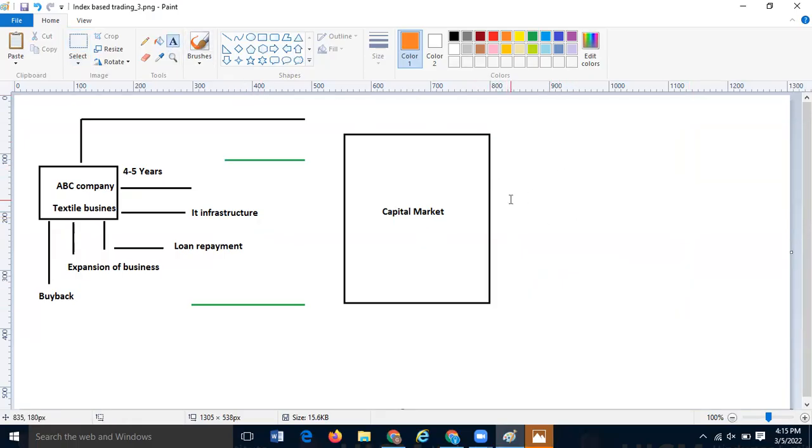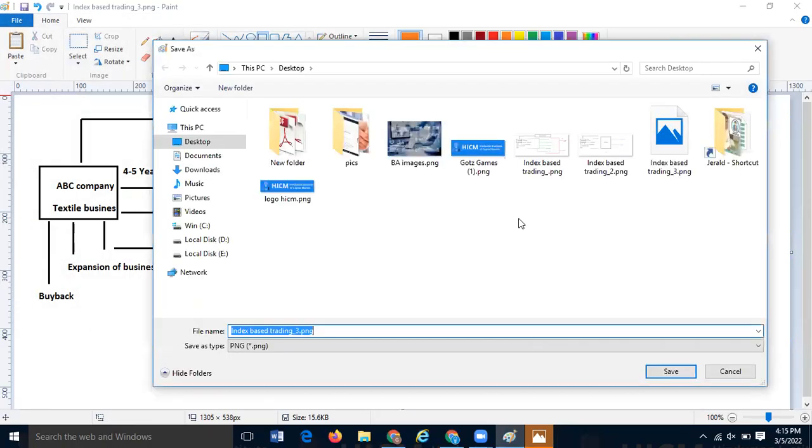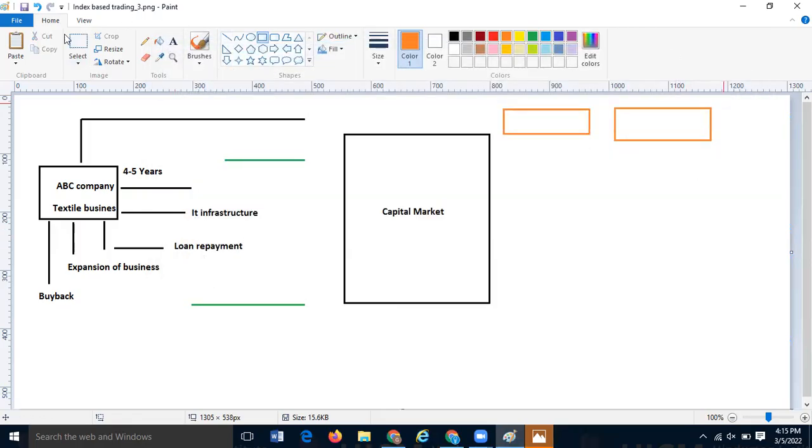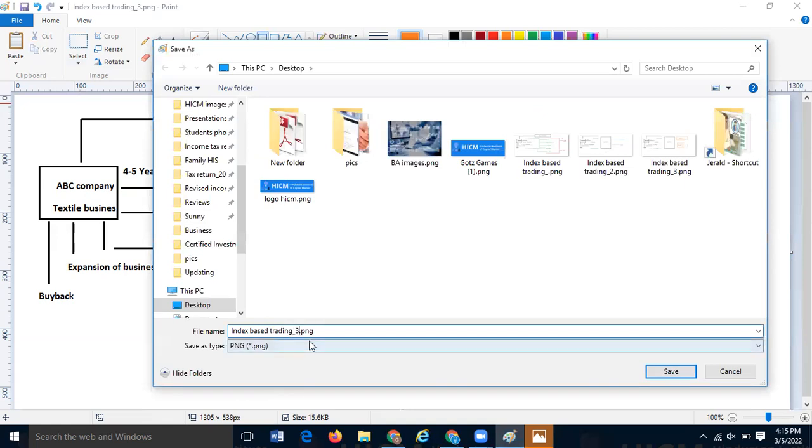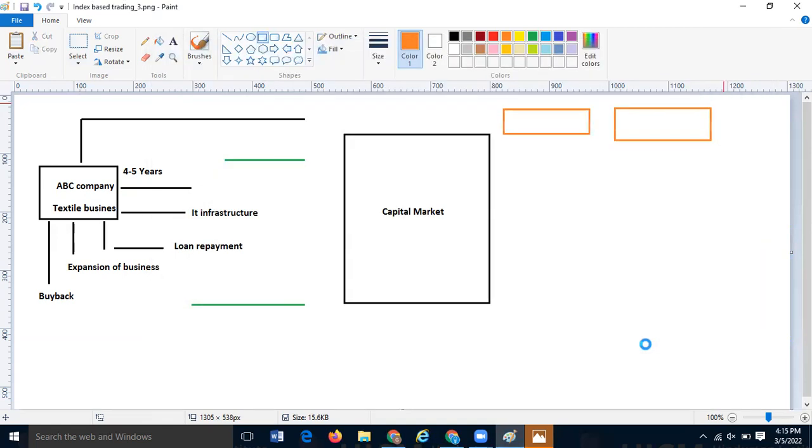If ABC wants to raise money from both exchanges, the National Stock Exchange and the Bombay Stock Exchange, they will check all their records and financials, and they will allow them to raise money.